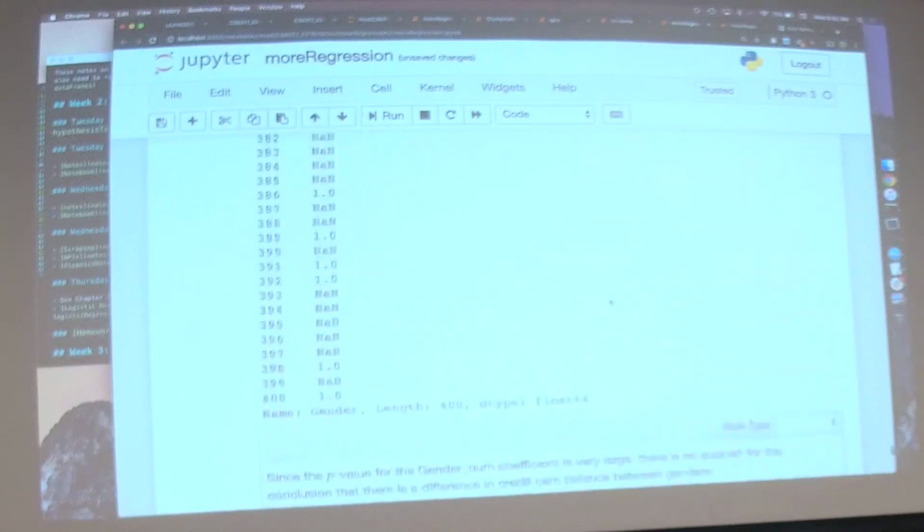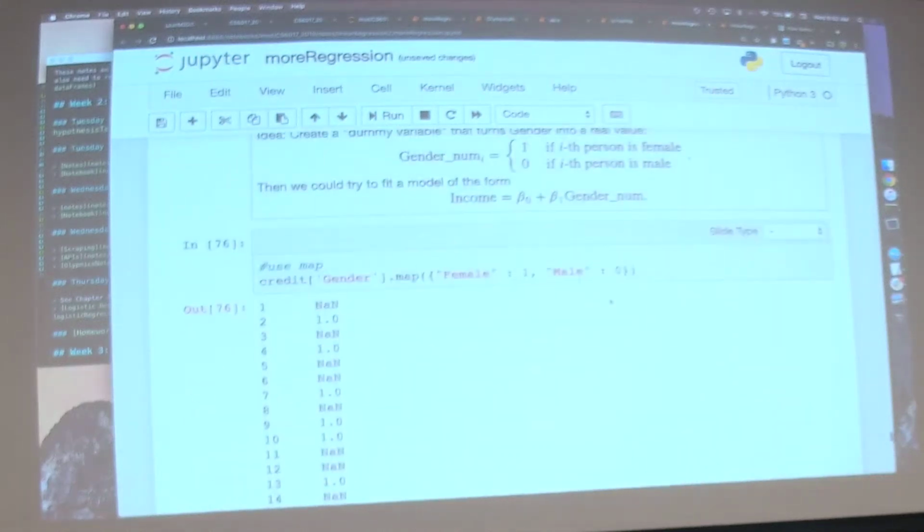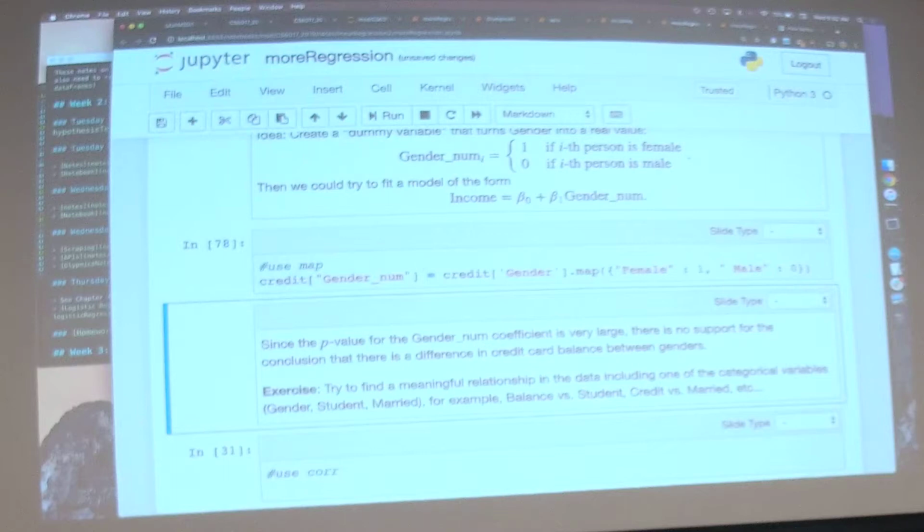I think when we do this mapping, we have to stick a space in front. Terrible. We could have done a little bit more data cleaning here. But now we can add a new column for the gender number.